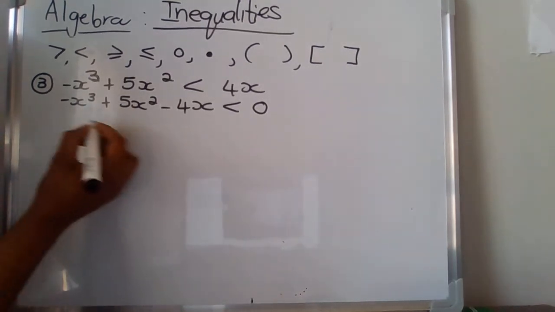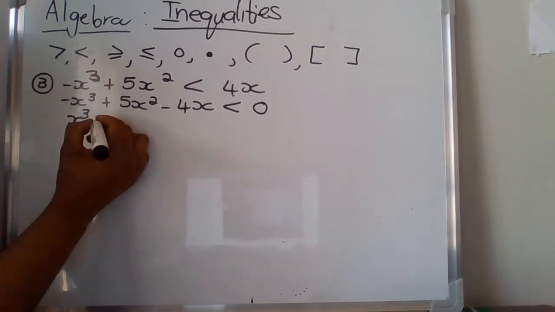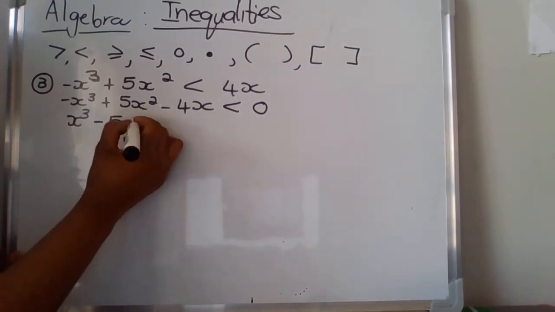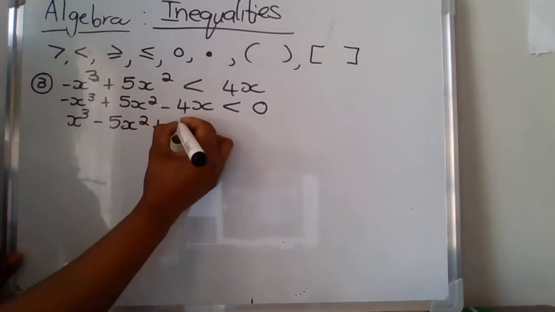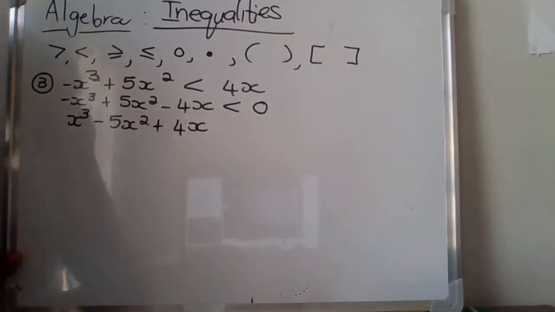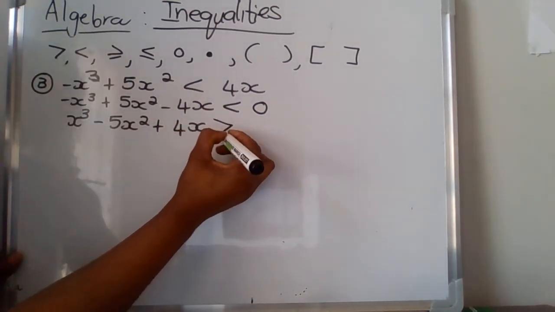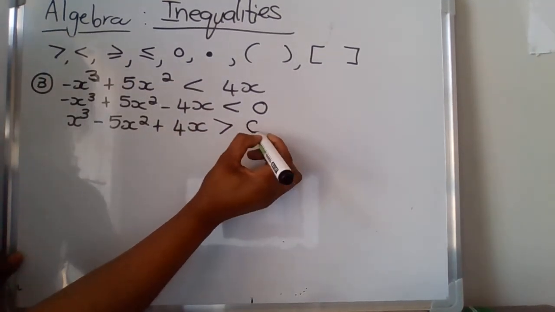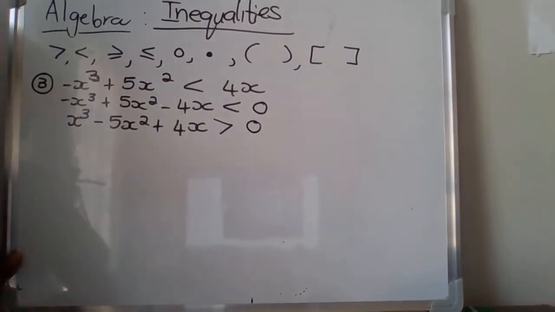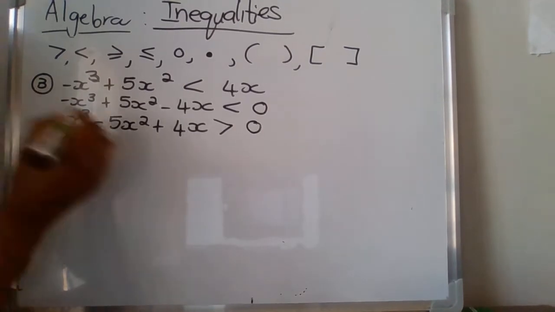So when I divide by -1 across the board, I get x cubed minus 5x squared plus 4x. But because I'm dividing by a negative number, I change my sign and this now becomes greater than 0. So now I need to solve for my critical values.